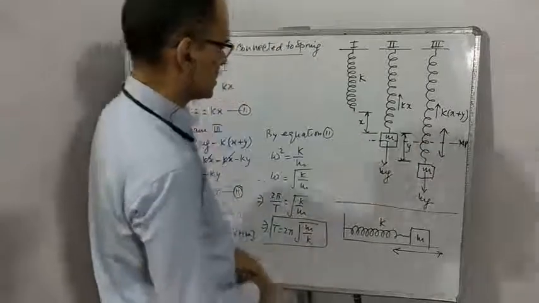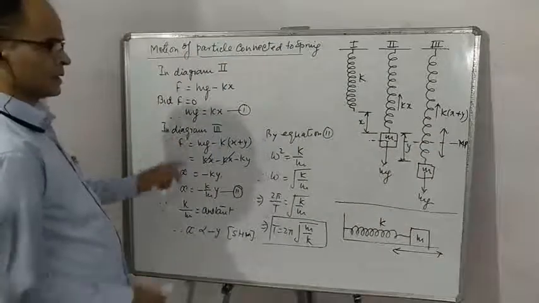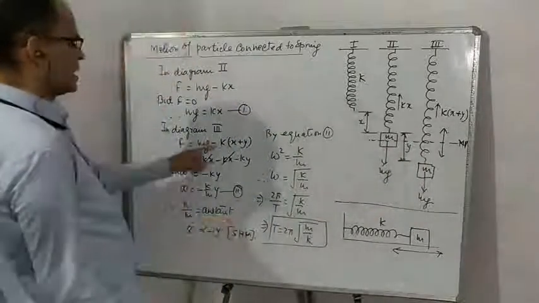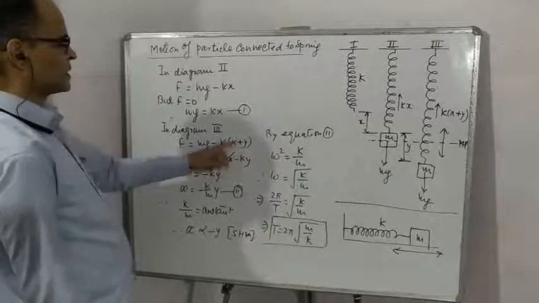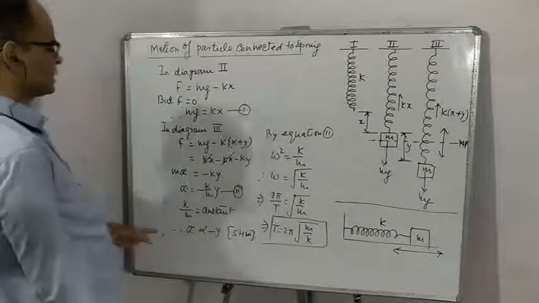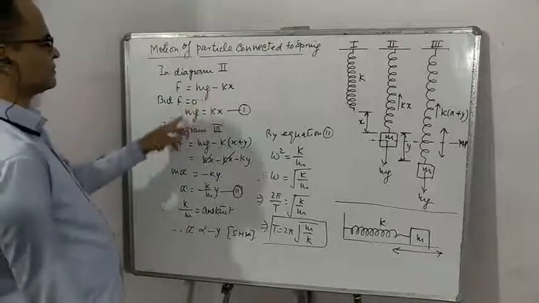Let us suppose the resultant force is F. The downward force is mg, and the upward force is k(x plus y). So the resultant force will be the difference of the two forces. We have got mg is equal to kx.